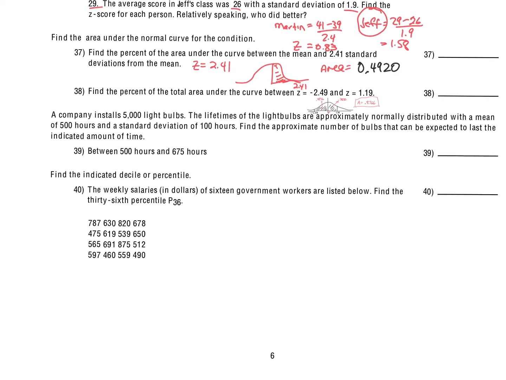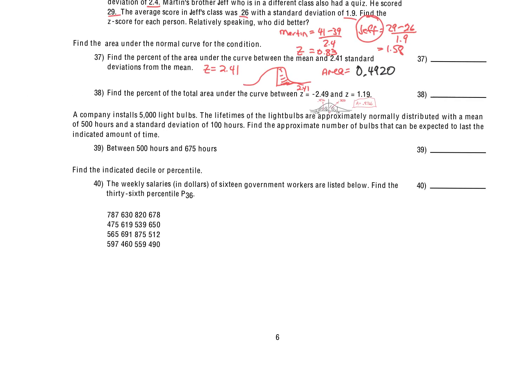Next question. A company installs 5,000 light bulbs. The lifetimes of light bulbs are approximately normally distributed with a mean of 500 hours and a standard deviation of 100 hours. Find the approximate number of bulbs that could be expected to last between 500 and 675 hours.